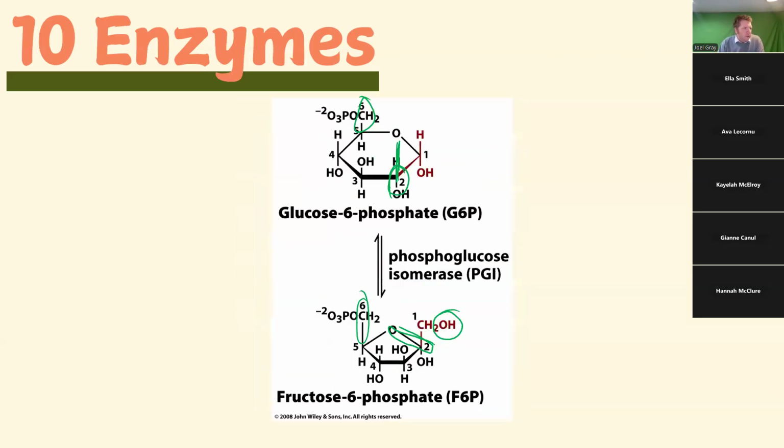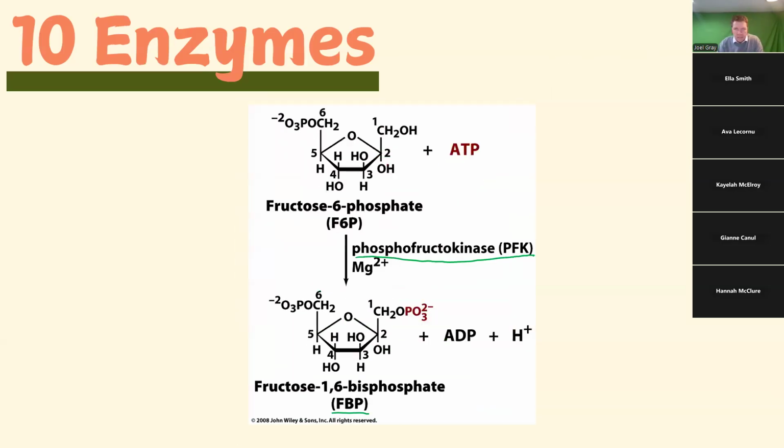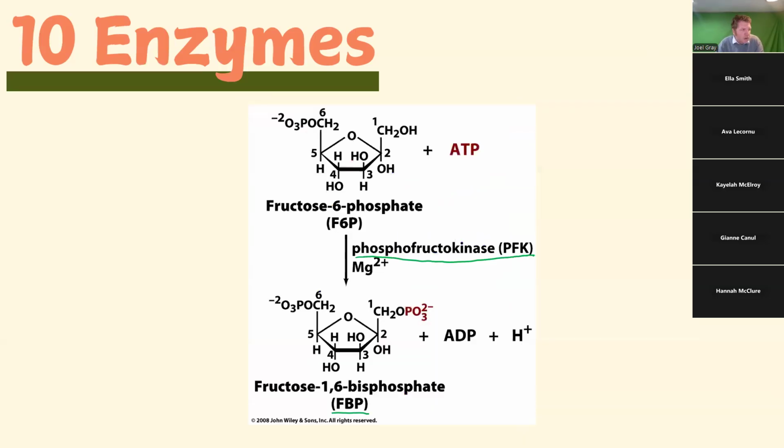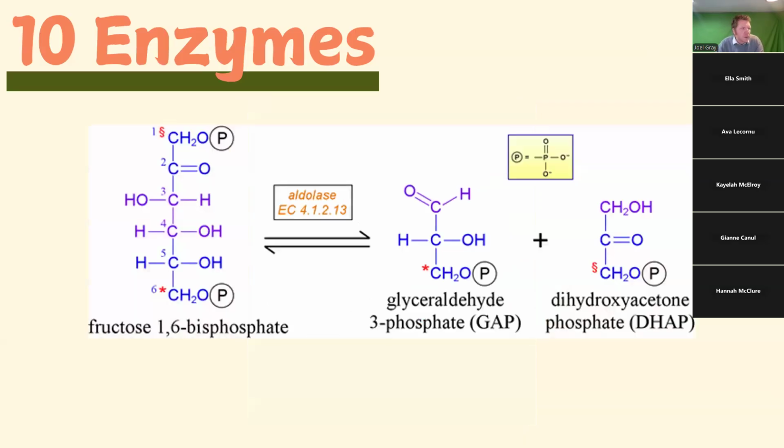Now, after our second transferase reaction, done by phosphofructokinase, we are going to split fructose 1,6-bisphosphate. I took it from the cyclical, or ring, form of fructose 1,6-bisphosphate right here, and I linearized it in this model. Aldolase is going to break this bond between carbons 3 and 4, which is going to give us glyceraldehyde 3-phosphate and dihydroxyacetone phosphate.